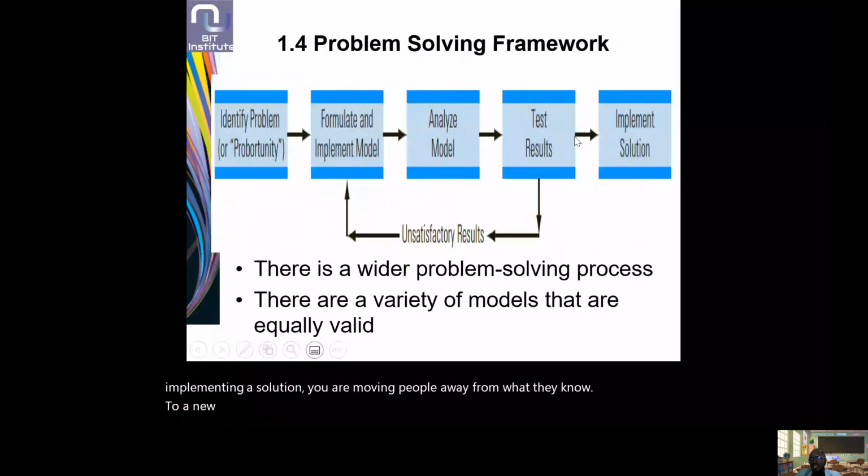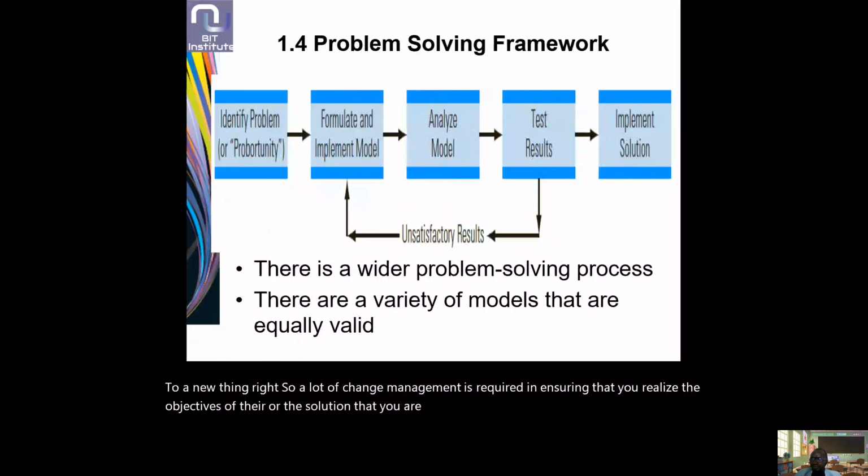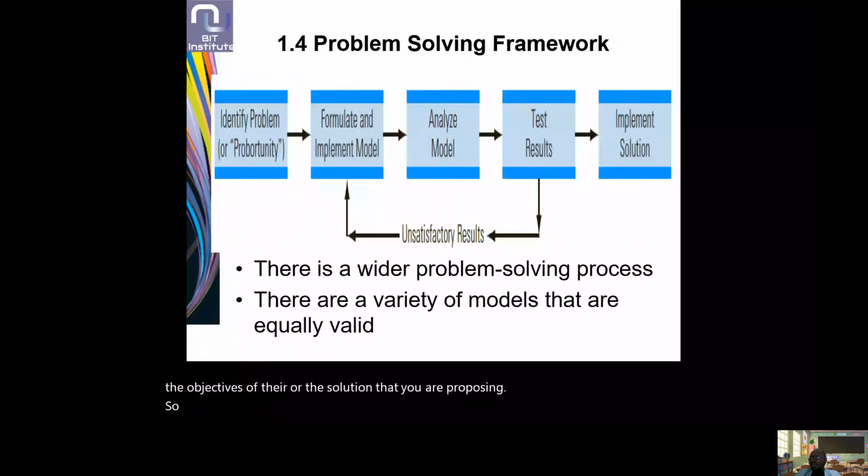So a lot of change management is required in ensuring that you actually realize the objectives of the model or the solution that you're proposing. So when you talk about the last step of the problem-solving process, we are saying that implementation is the most difficult.